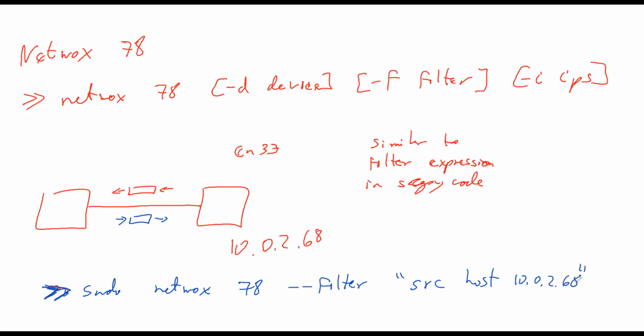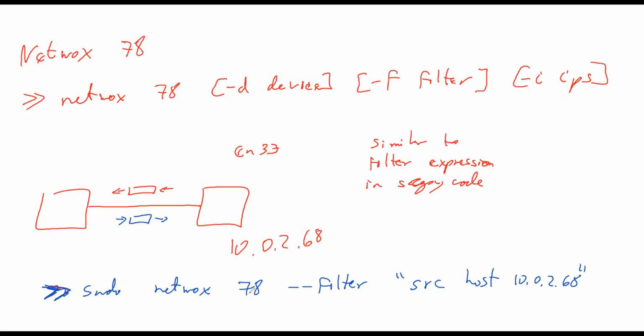That's it, right? Because you already told it that you want a reset packet, and you already told it only do that when you grab a packet that has a source host of 10.0.2.68. Well, this red packet is from 10.0.2.68.